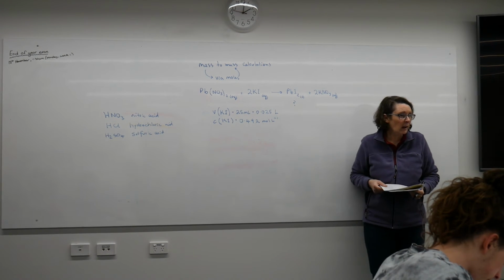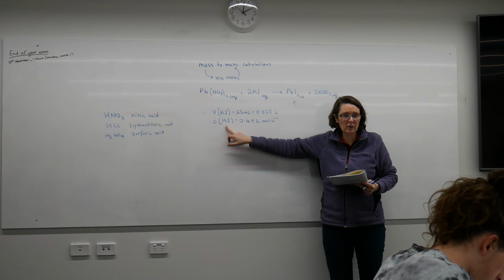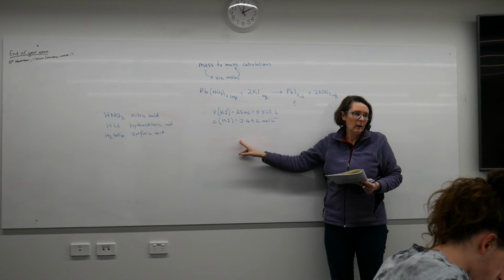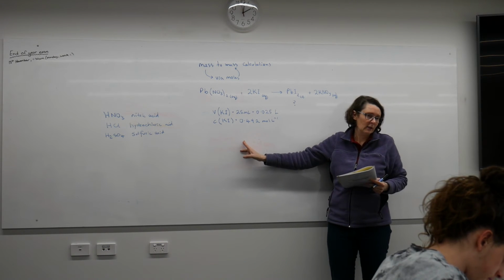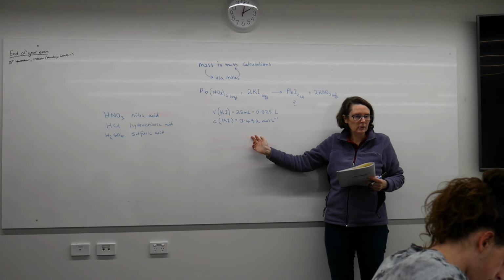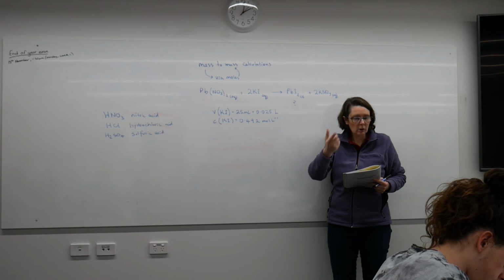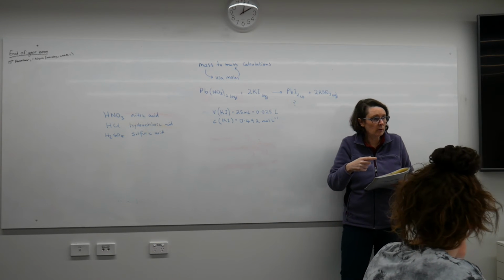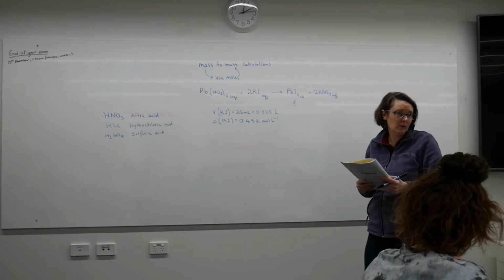Notice in my setting out that I'm putting brackets, and I'm saying in brackets what it is that I have written here. This is very good setting out for physics and for chemistry, because the more complicated a reaction becomes, the harder it might be for you to follow or to go back and troubleshoot your own working if you haven't given yourself a roadmap to find what you've been doing.